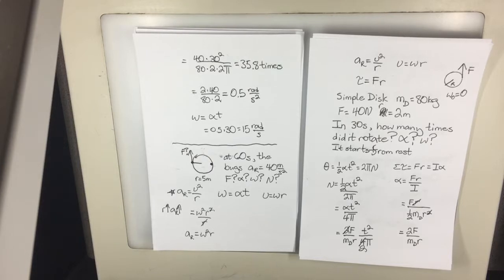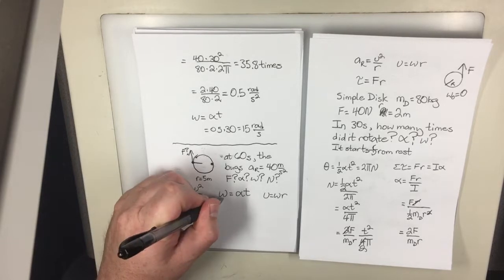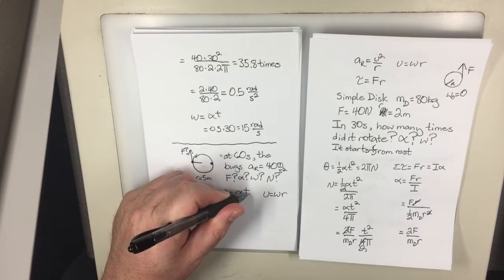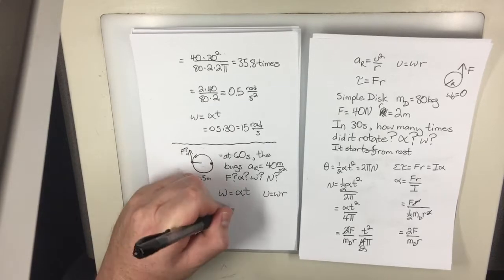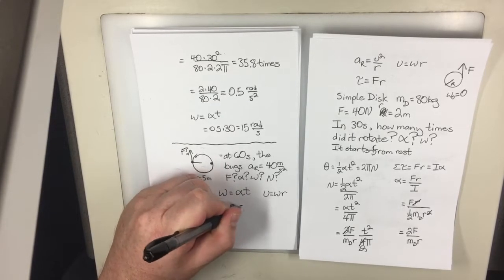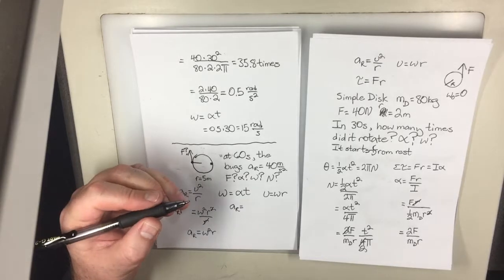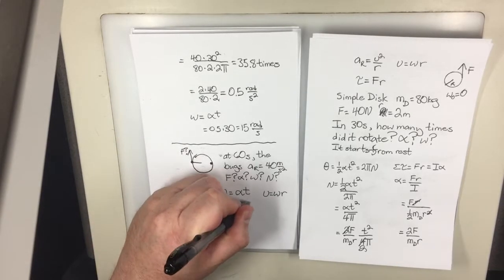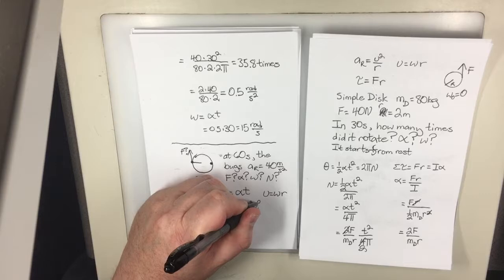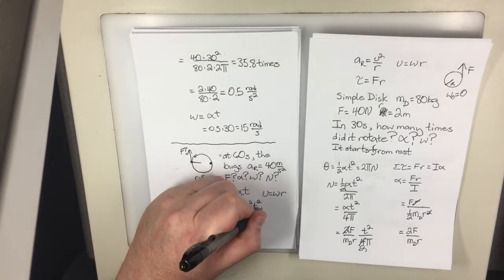So we know radial acceleration, that was given. We know that V is omega R, so AR is omega squared R, and that omega is equal to alpha t. So radial acceleration is equal to alpha squared t squared r.